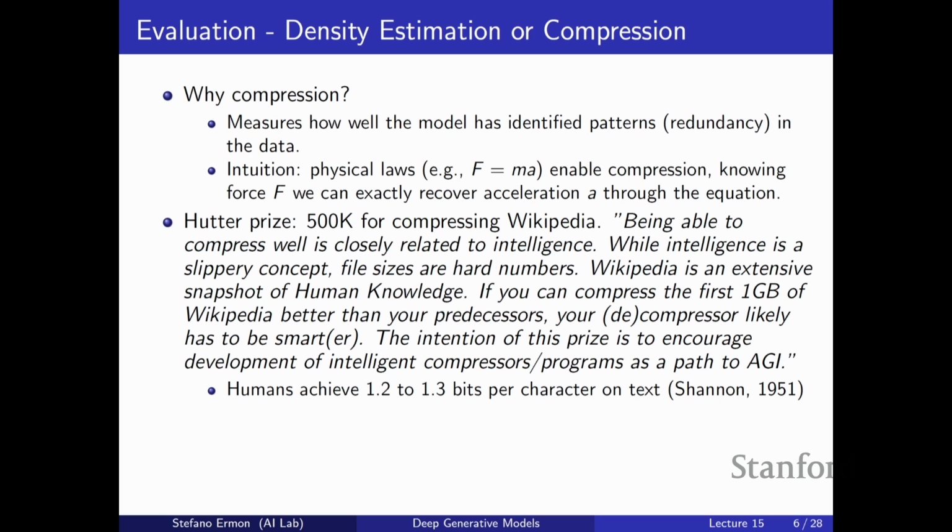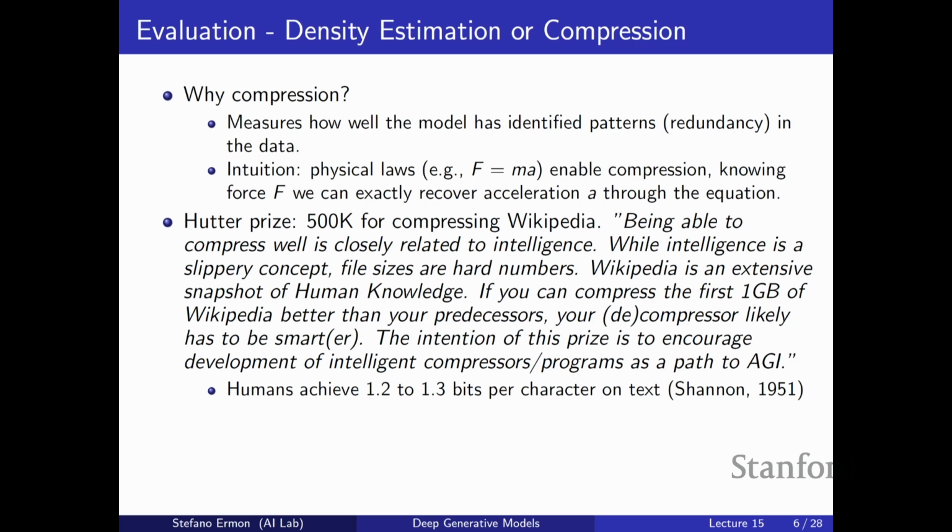If you see a string of text, you're probably going to be pretty good at predicting what comes next. And so he did an experiment with human subjects, trying to see how good people are at predicting the next character in English text. And what he found is that they achieve a compression rate of about 1.2, 1.3 bits per character.